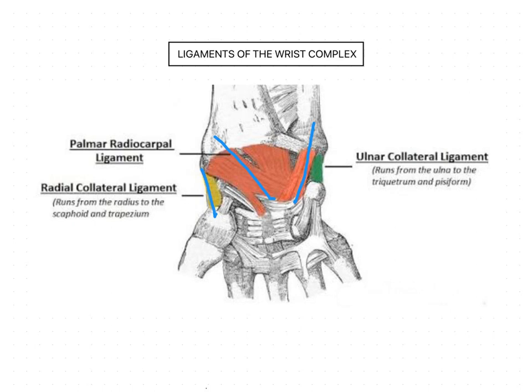So there is a very close relationship in the attachments of these ligaments. We have studied these ligaments separately in the previous sessions. Now we are going to study all these ligaments at a time as a wrist complex.